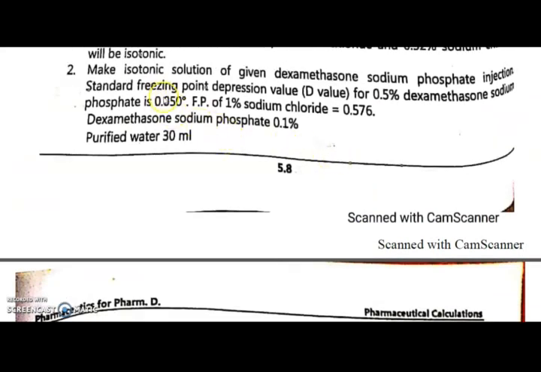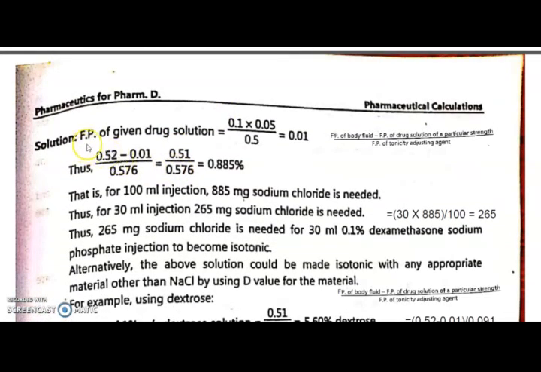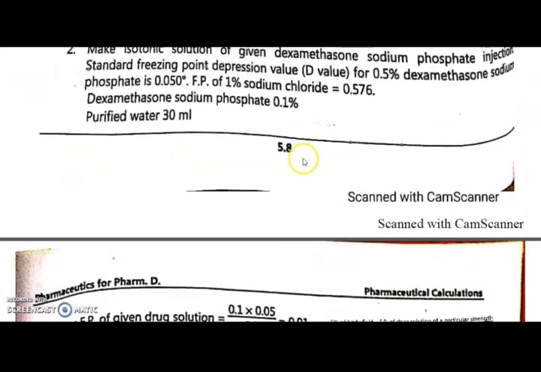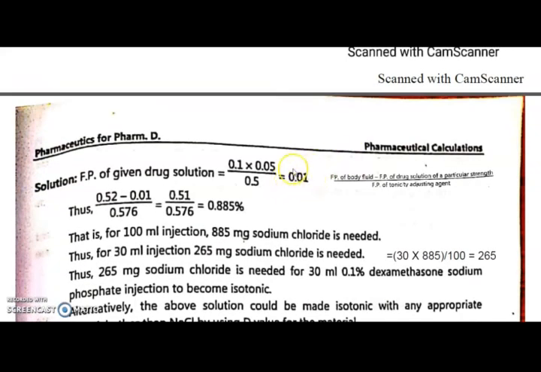So, the freezing point of 0.1% weight by volume dexamethasone sodium phosphate is equal to 0.1 multiplied by 0.05 divided by 0.5, that is equal to 0.01.